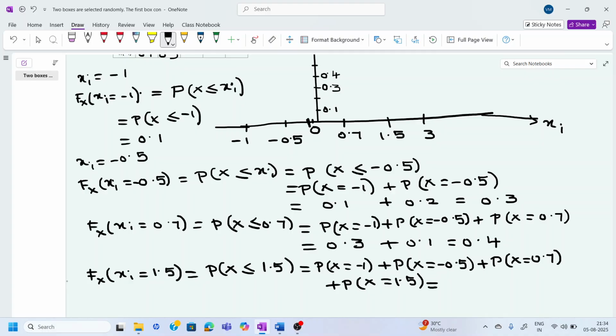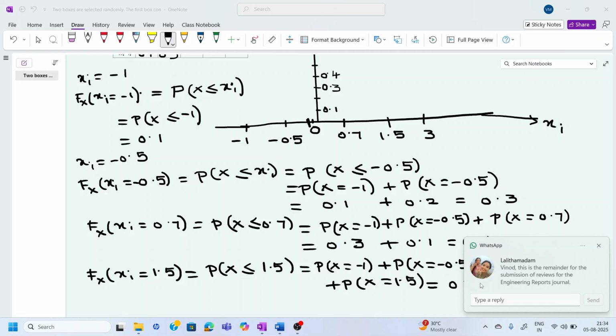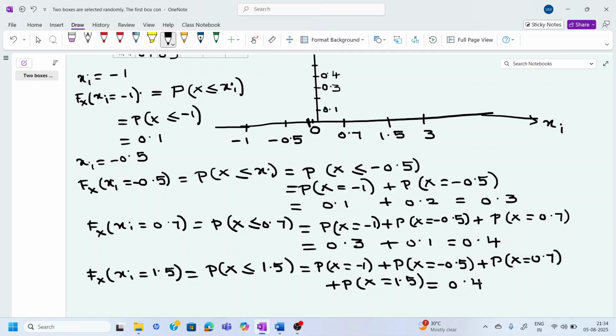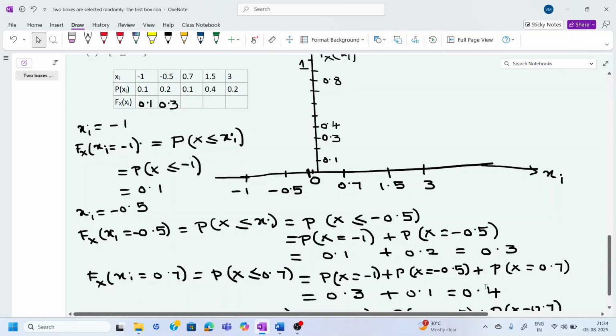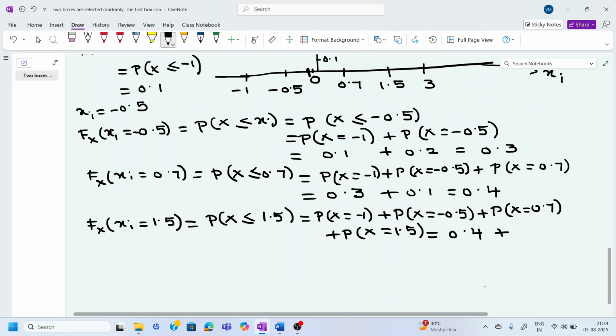These values we have already summed, which gives 0.4, plus probability of x equal to 1.5. From the table it is 0.4. So it will be another 0.4.